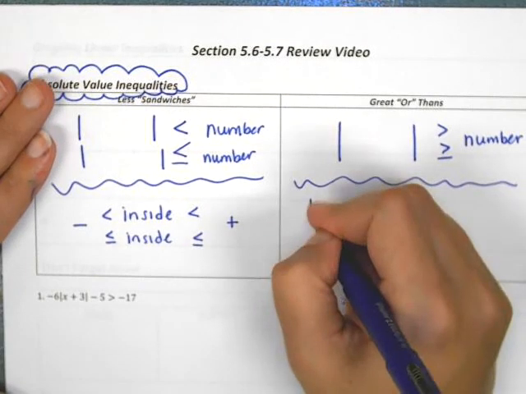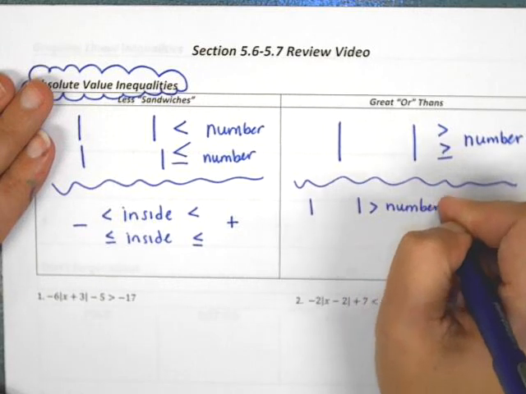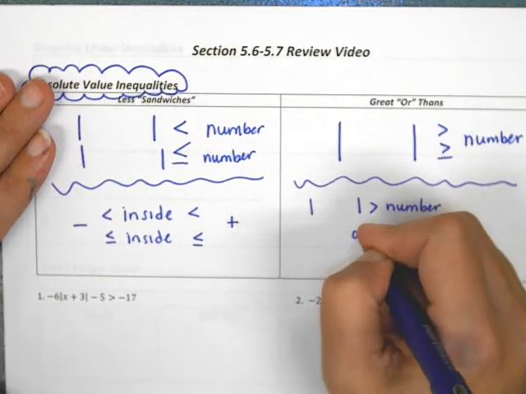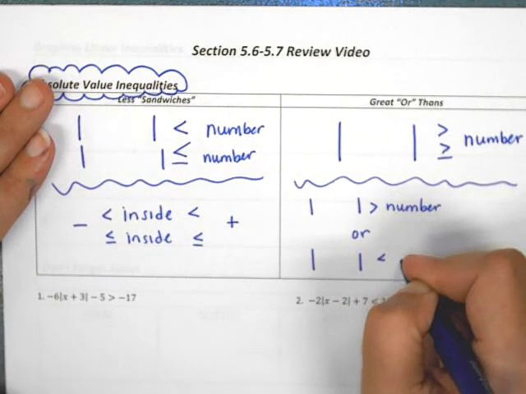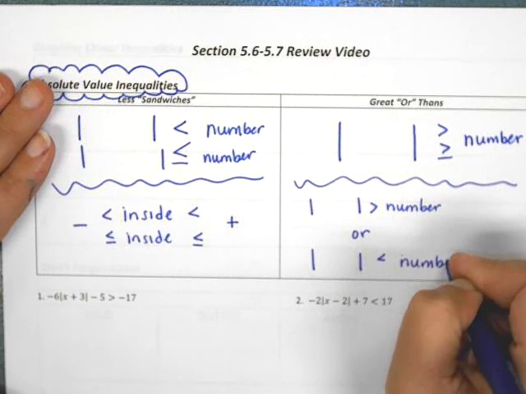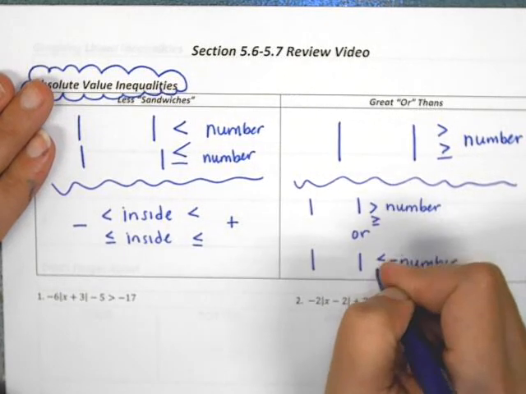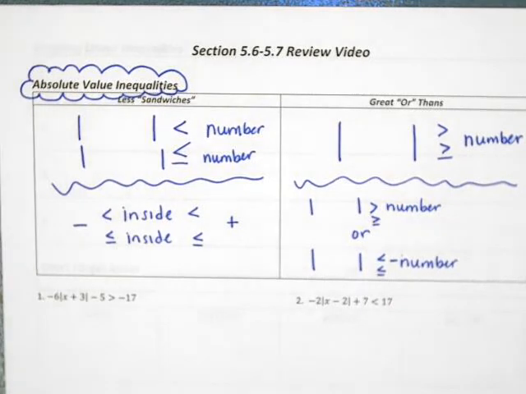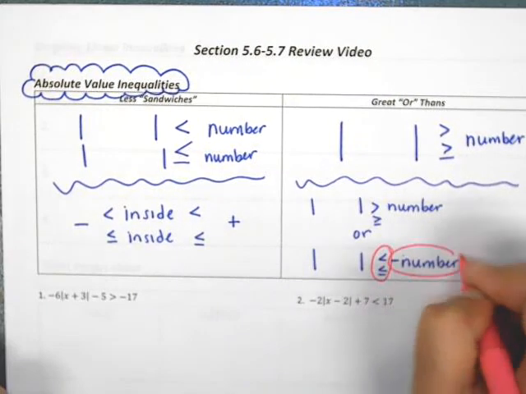You're going to copy the original and then put the word or and then take everything from the original and flip it over and make the number negative. Now the two things are changing here. We're flipping the symbol and we are making the number negative.